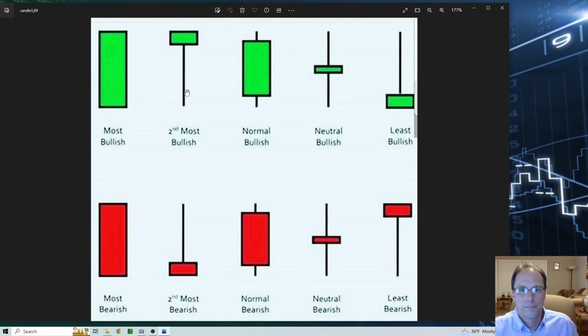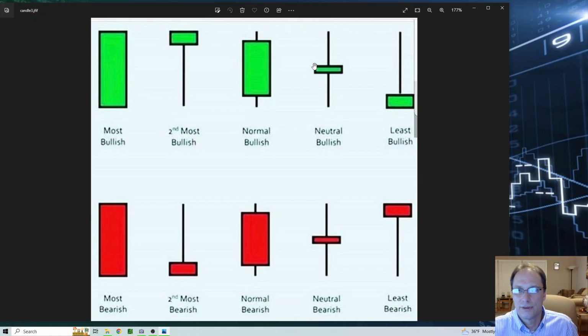A normal bullish candle where there's a little bit of a wick here and a little bit of a wick here. Obviously it opened here, closed here. Neutral, where it was fluctuating, but ended up almost in the same place where it opened.